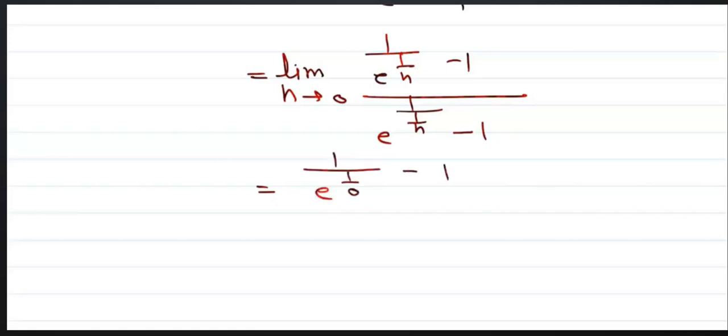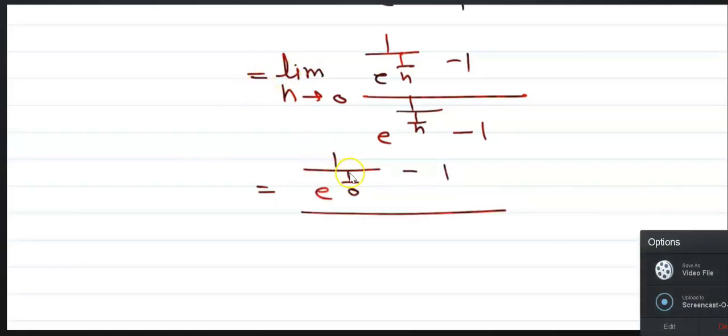Now as h tends to 0, that is 1 upon 0, and 1 upon 0 means what? It is infinity, and e raised to infinity will be a very big quantity, that is 1 upon a very big number, that is it will become 0, and that's why you will get minus 1 here.